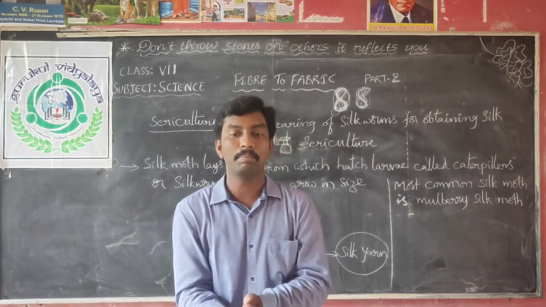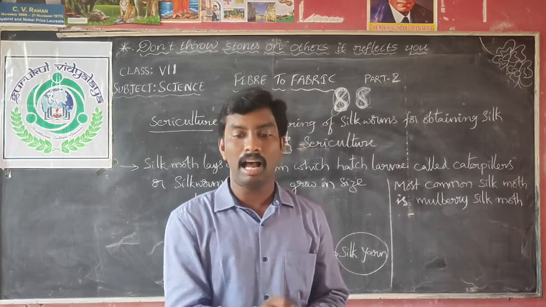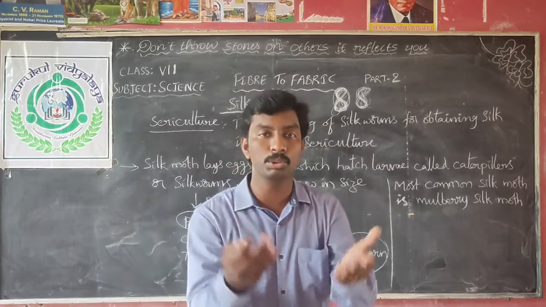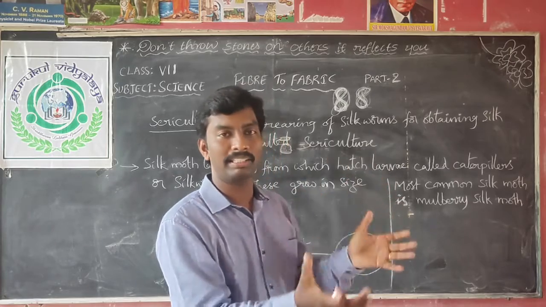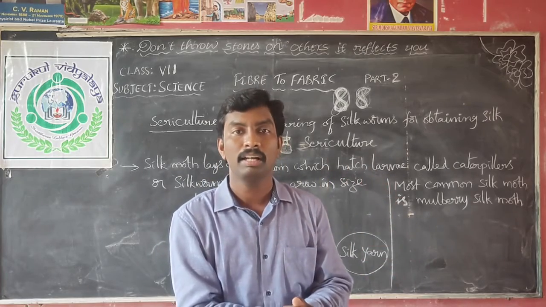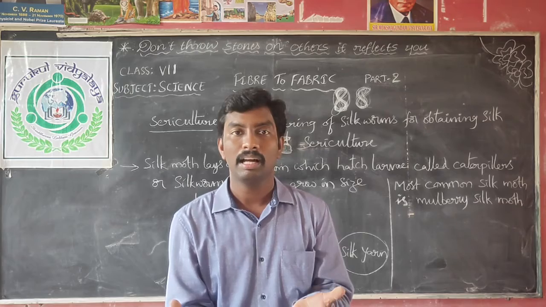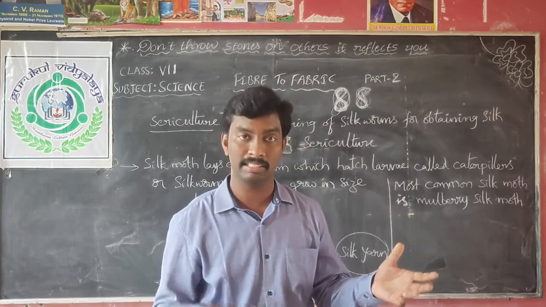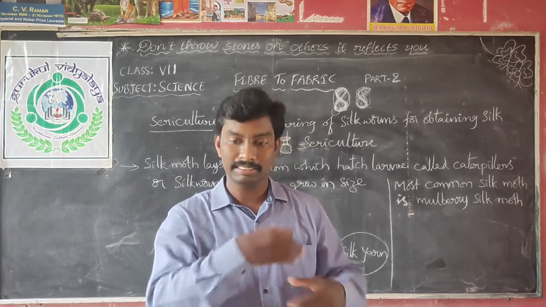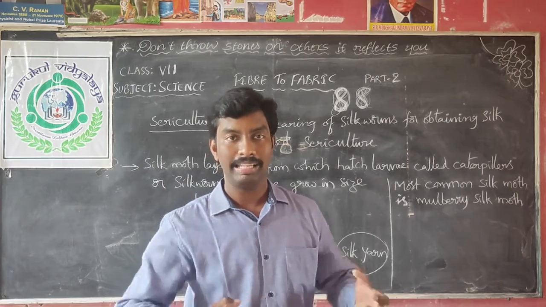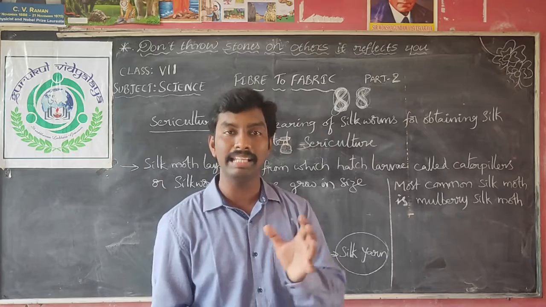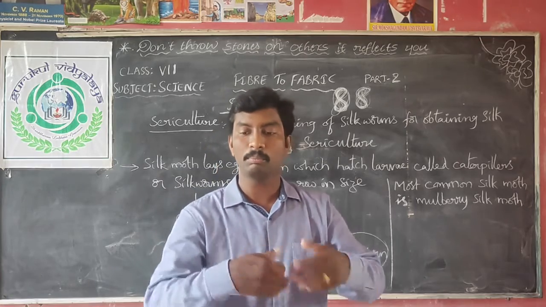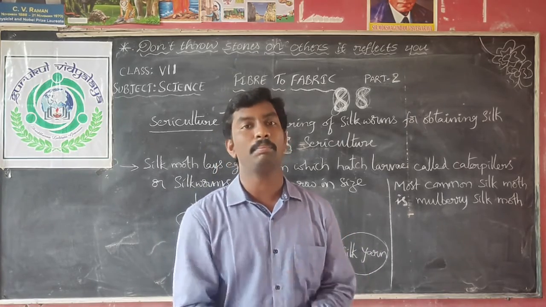The cocoons are kept under the sun, are boiled, or are exposed to steam. Do you understand? When all these cocoons are boiled together, what will happen? All the cocoons will be boiled, and if they are exposed to the sun or the steam, they will also get wet. So the silk fibers are then separated out. After boiling, they will separate them.